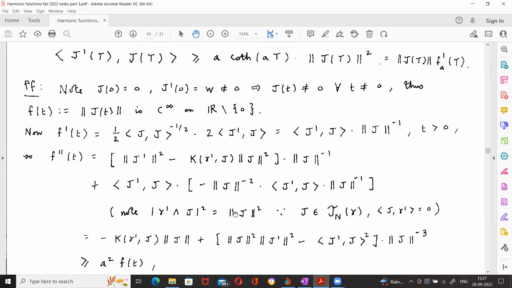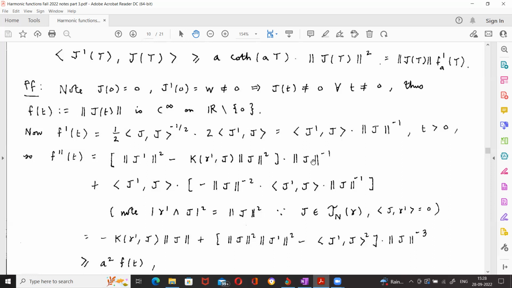Now what do I do here? This term, minus k gamma prime j norm j squared into norm j inverse, will give me a term minus k gamma prime j norm j. Plus, for the remaining terms, I take a norm j to the minus 3 common.